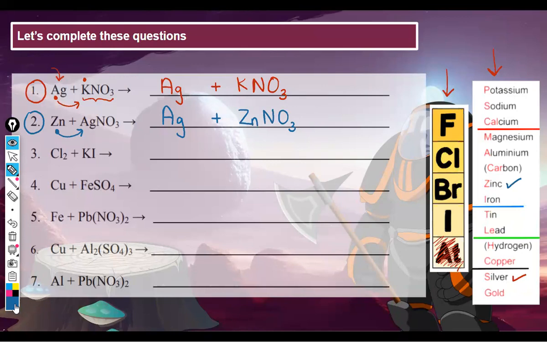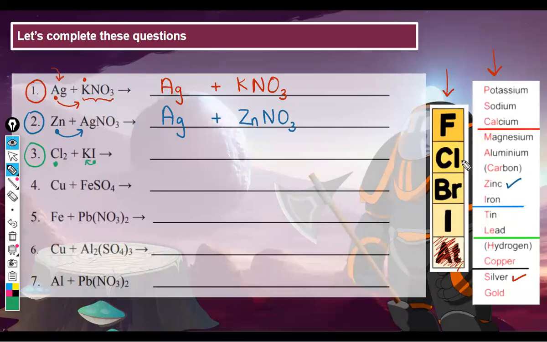Let's look at number 3. Number 3 is not really about metals. It's really about the halogens. And the halogens that are in question are chlorine, who is by himself, and right now, the iodine is combined with the potassium. So we're looking at the halogen chart.